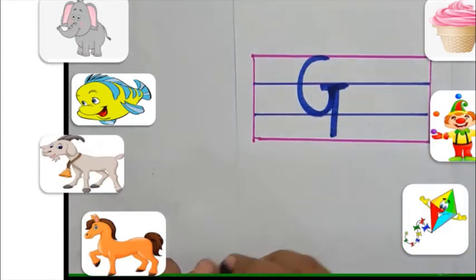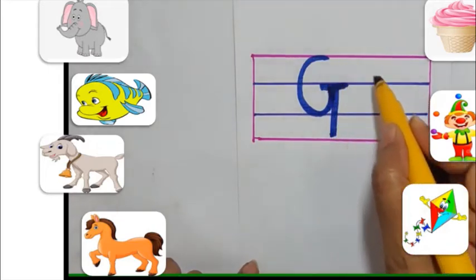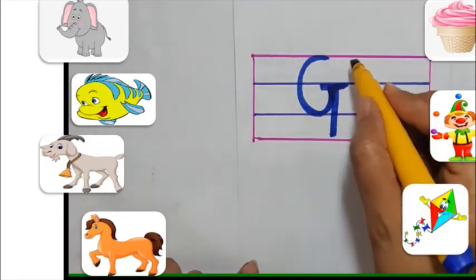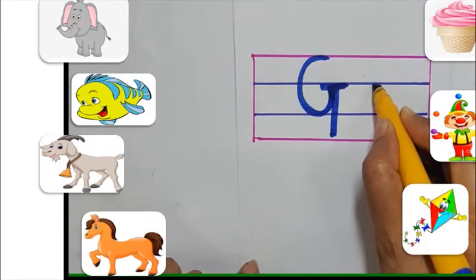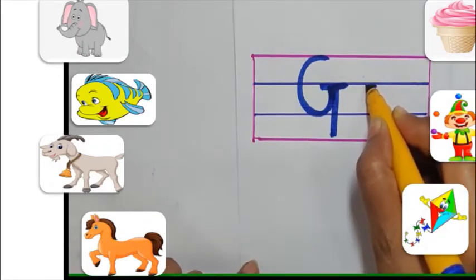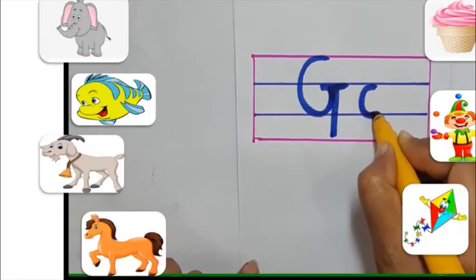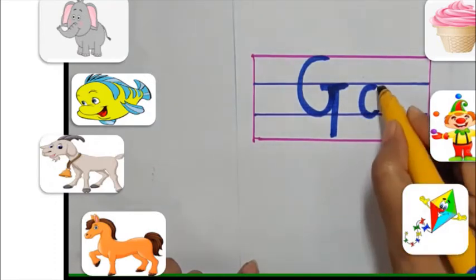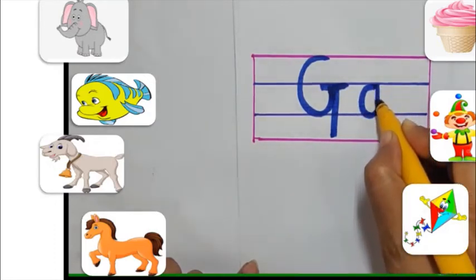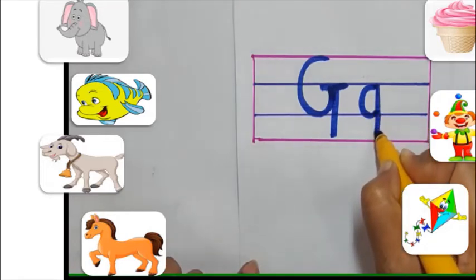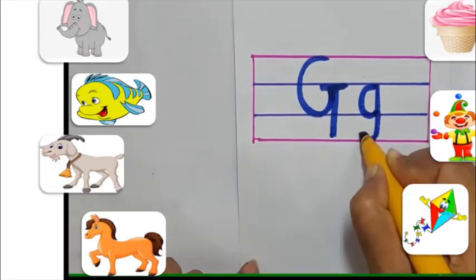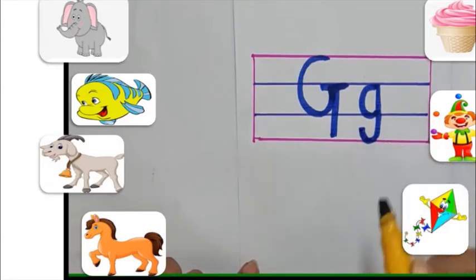That is your capital G. Now small g. Let us begin from the second line. Half circle and then draw a standing line, then bend it towards the bottom. That is your small g.